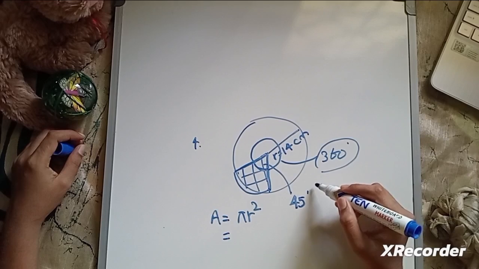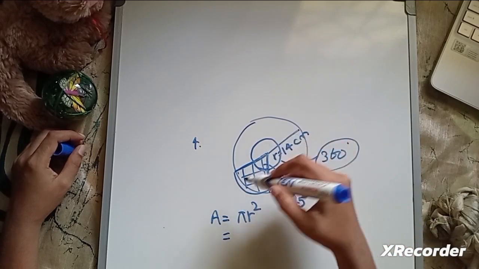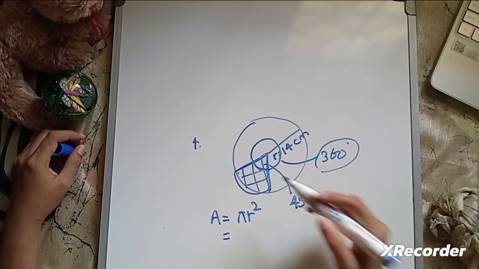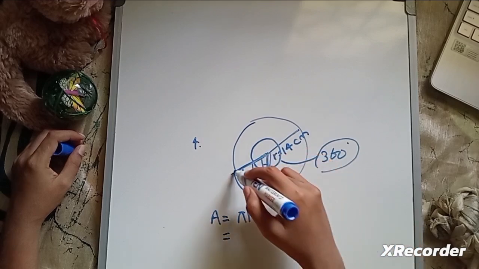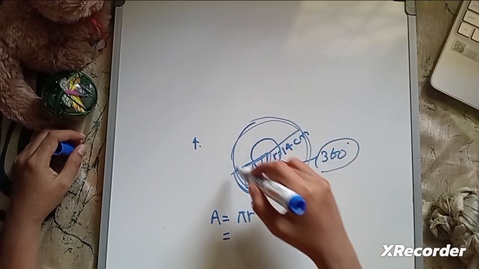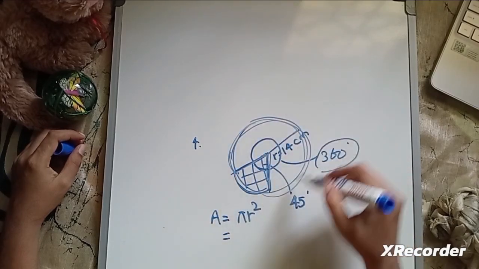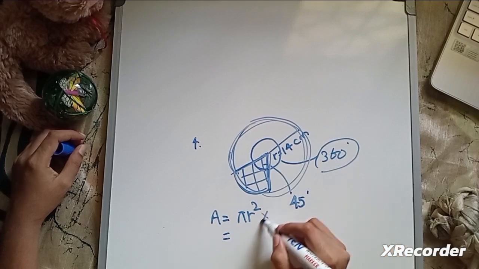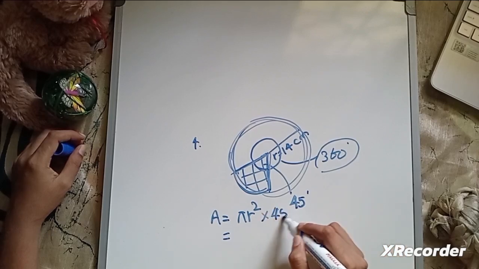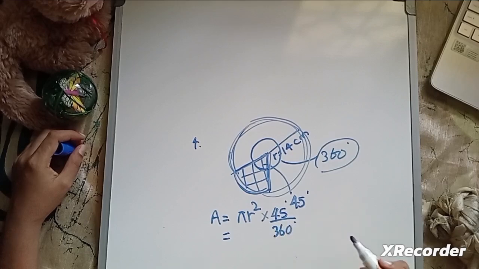So by using these angles, we can find the proportion of this part from the whole circle. So we can write it as 45 degrees over 360.